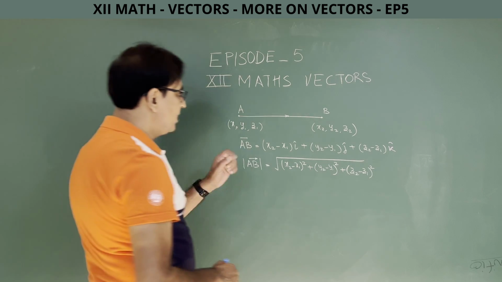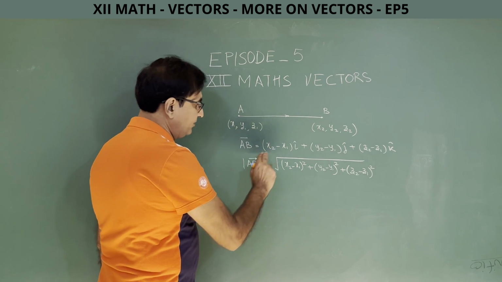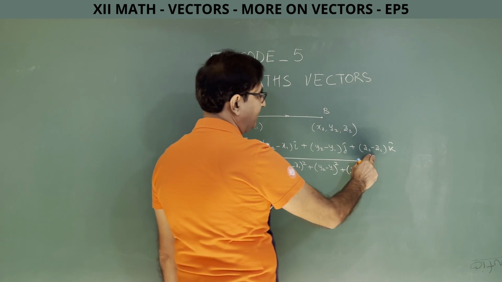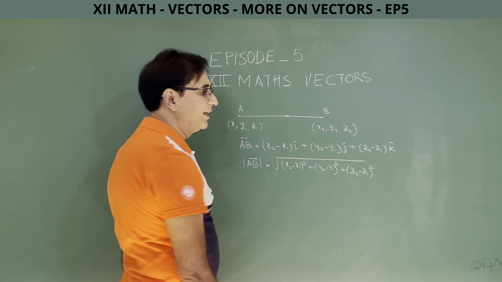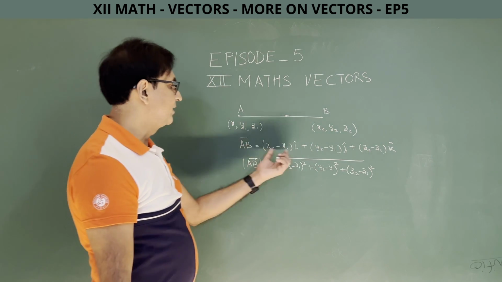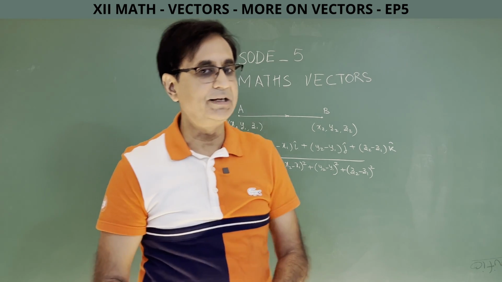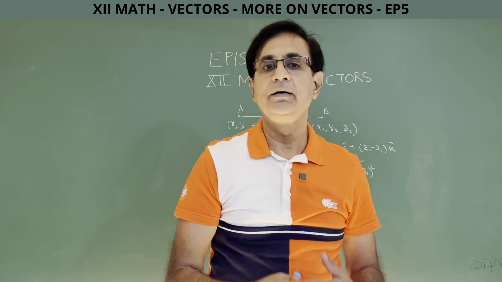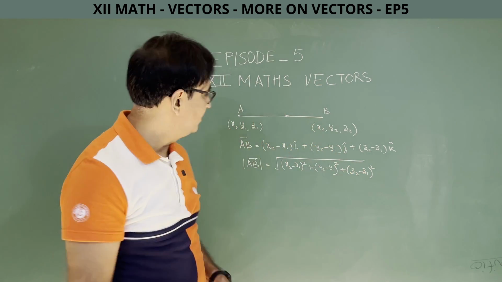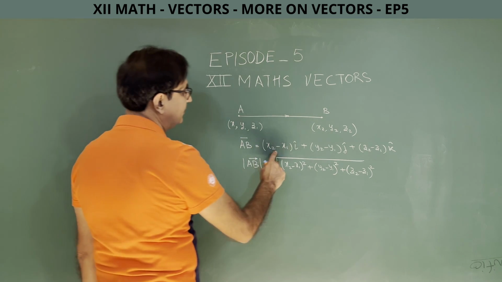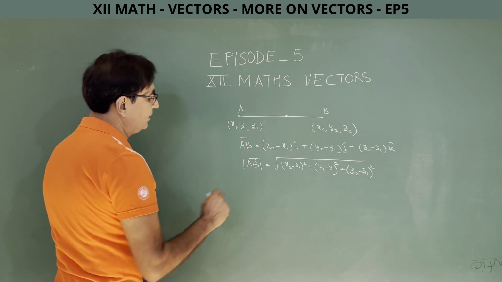Alright. Now every vector which is expressed in terms of i, j and k has both the informations very cleverly hidden in it. Its magnitude, which you already know how to extract, and the direction, for which you are still eagerly waiting for when sir will tell us how to extract the information regarding the direction of the vector, but for that you will have to wait for a while.